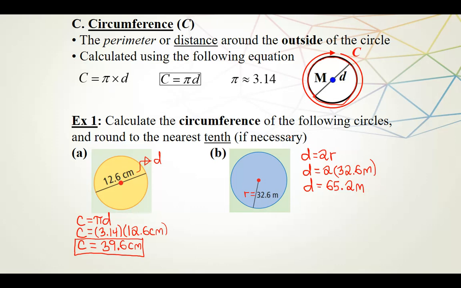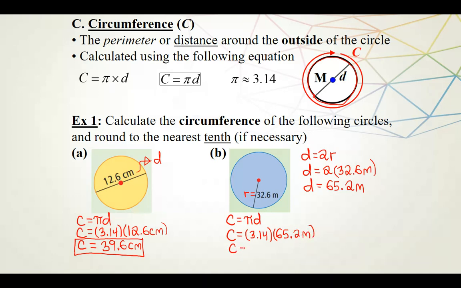Now that you know what the diameter is, you can use this equation to figure out the circumference. So we'd have C is equal to pi times the diameter. And then C would be equal to pi, which is 3.14, and again, pi doesn't have any units to it, multiplied by D, which I just calculated, it's 65.2 meters.